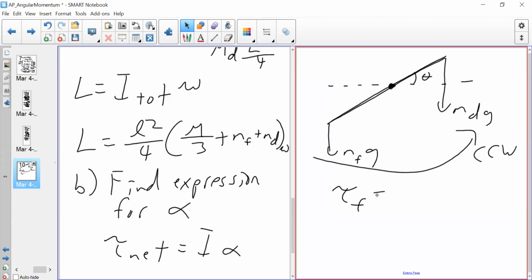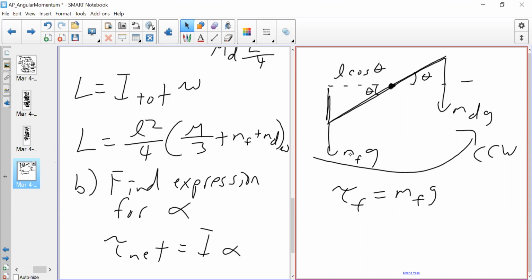So the torque by the father will be the force of the father, or the weight, times the distance away from the pivot. We have to take a look at this force, his weight, and what it's perpendicular to. Looking at this full picture, the weight of the father is perpendicular to L cosine theta. This whole rod is L, and then this will be L cosine theta.